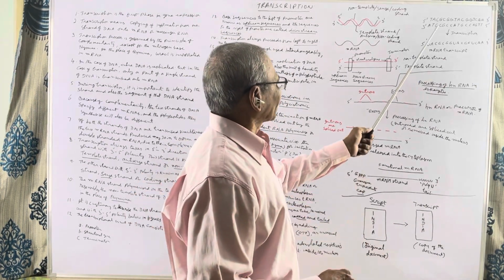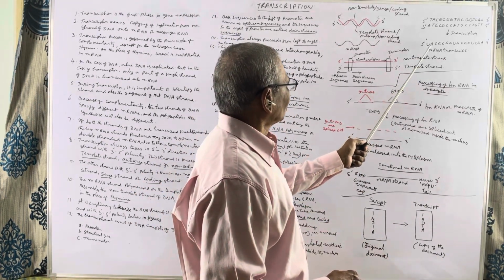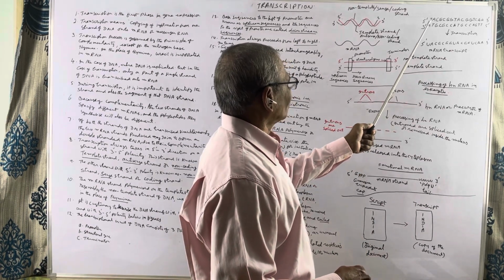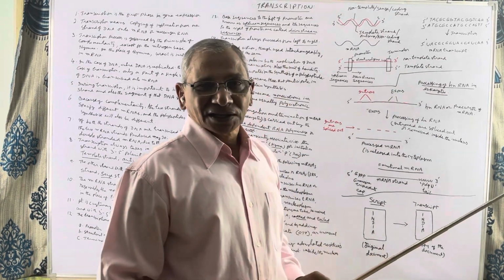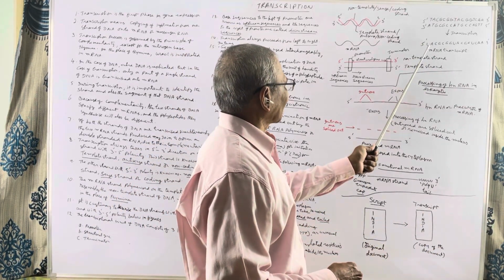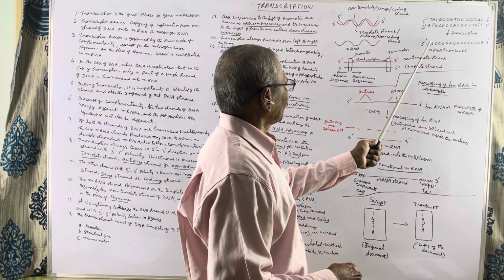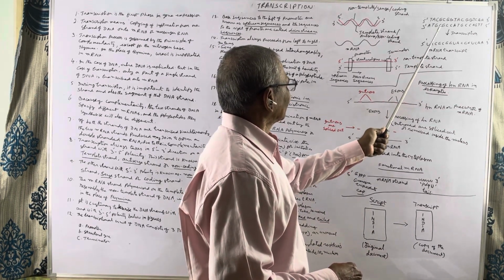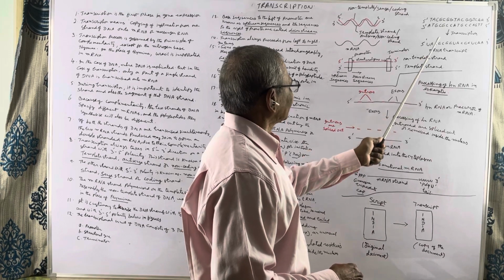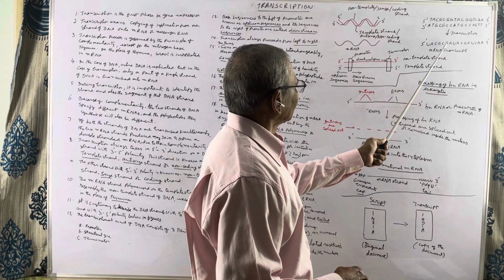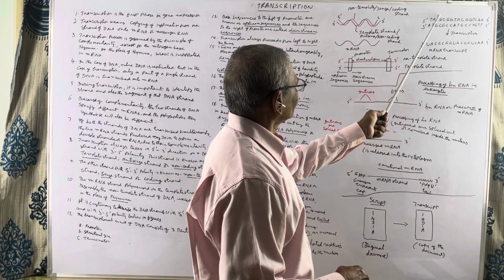See, if you make a transcript from this strand, what do you get? U, A, C, G, C, like that. I have told you, in the case of RNA, thymine is replaced by uracil. So here, instead of thymine, uracil is present. Again here T, you find U. So this is similar to this strand.